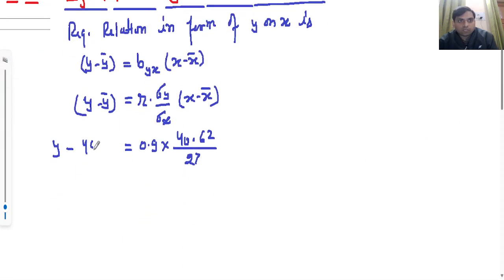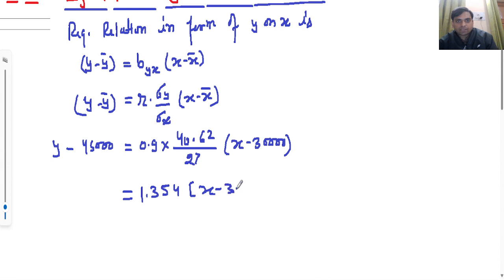And this is multiplied by X minus 30,000. So on solving, you will get 0.9 multiplied by 40.62, divided by 27. So you will get this value as 1.354, and this multiplied by X minus 30,000, and this is Y minus 45,000.